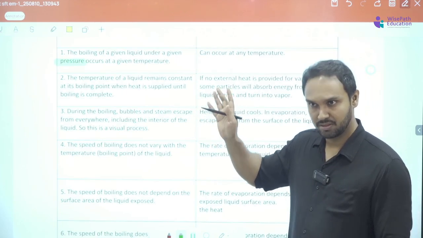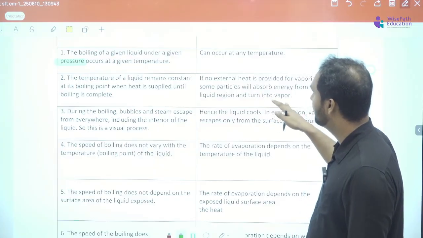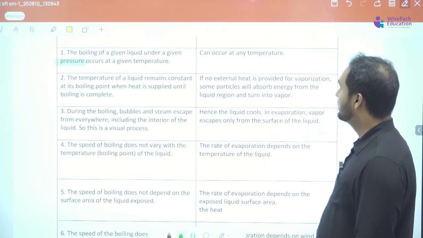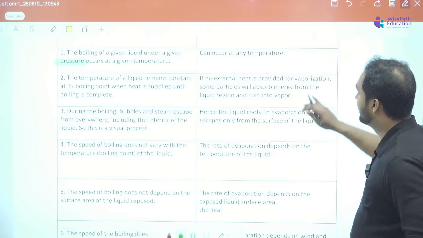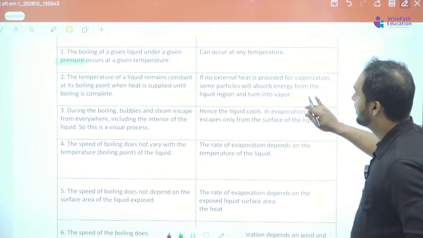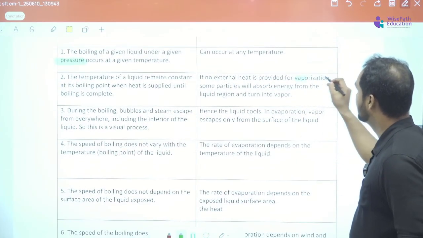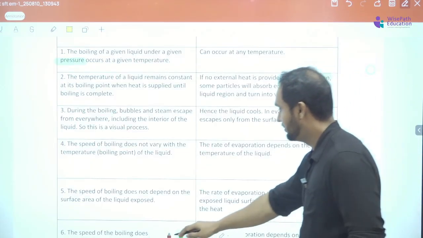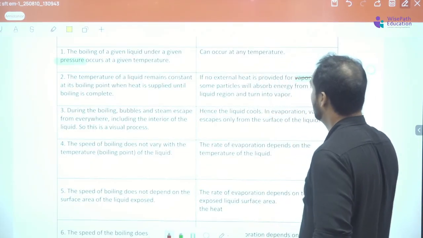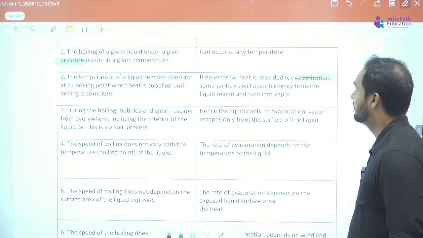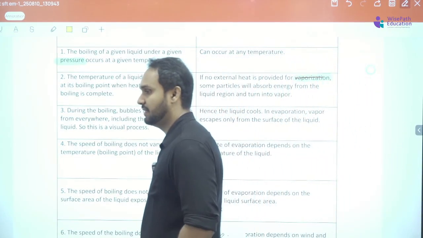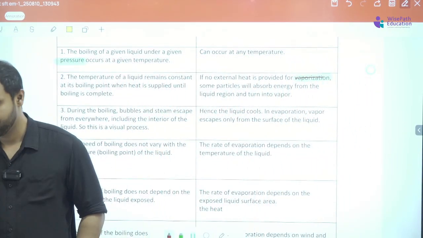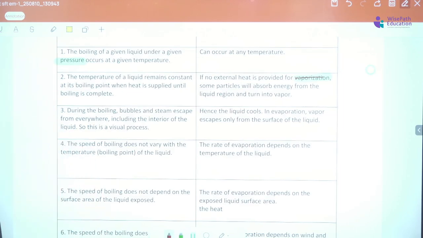But in evaporation, if no external heat is provided, some particles will absorb energy from the liquid region and turn into vapor, that we discussed, right?